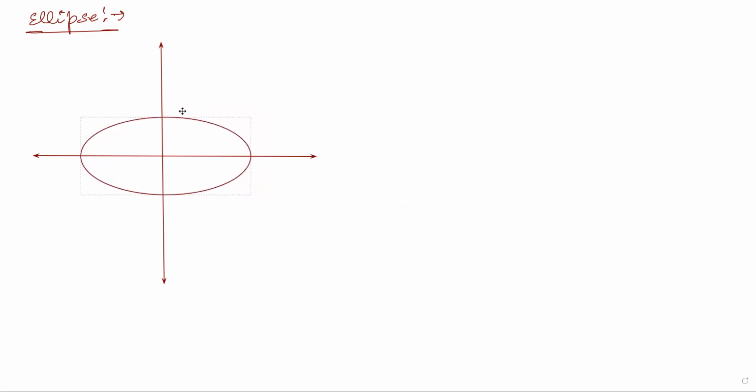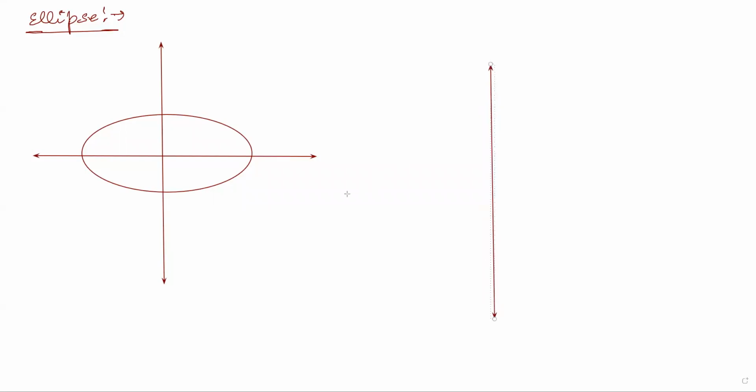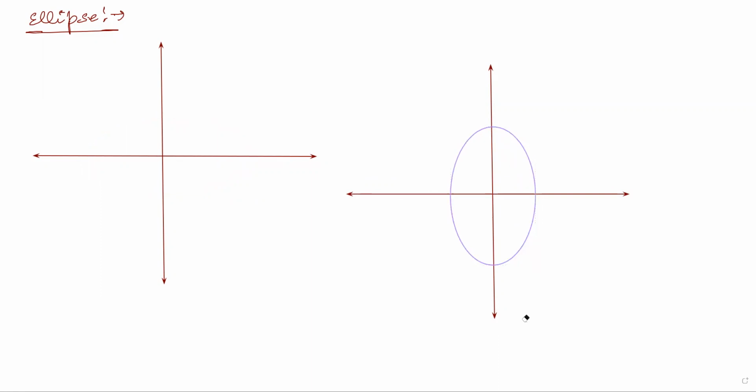First is this one, and second is this one. This is known as the horizontal ellipse, and this is known as the vertical ellipse. In our syllabus, these are the only two kinds of ellipse.